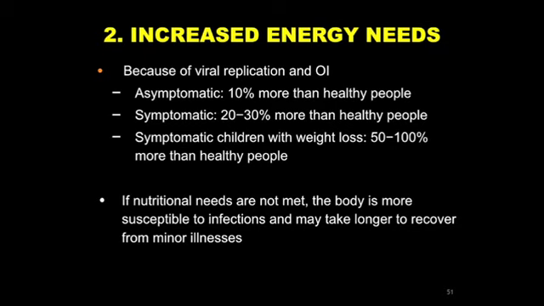So their energy requirements are increased, and they are even more if they are symptomatic. Like this child was symptomatic with their HIV, so they had markedly increased energy requirements. And if the diet doesn't meet those requirements, those children will have more problems with malnutrition.